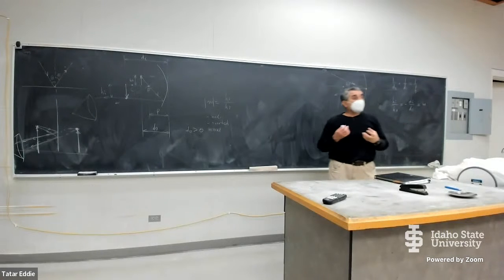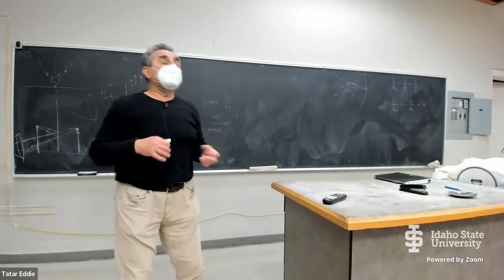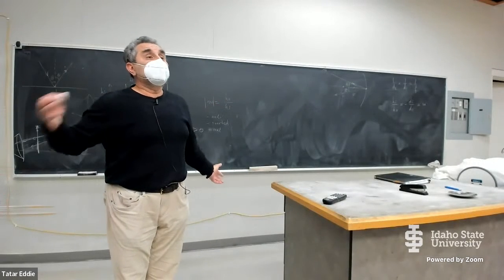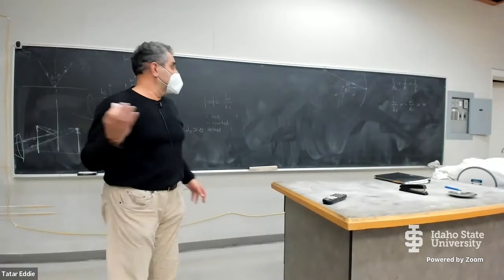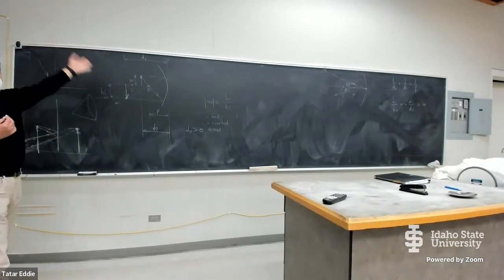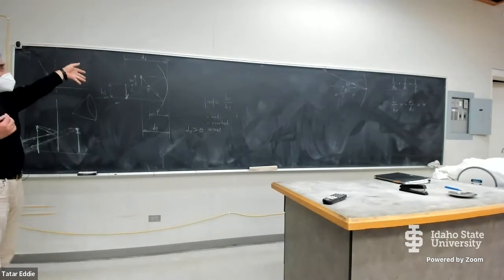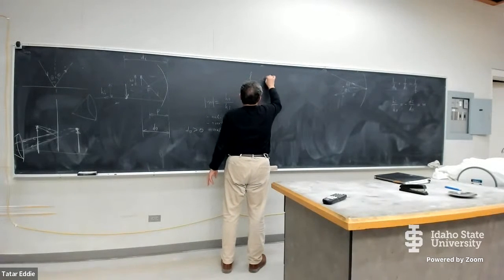And the difficult part is to keep track of the sign convention for the appropriate mirror. Different mirrors have different sign conventions. And the sign convention for concave mirror is this. For concave mirror, focal length is a positive number.